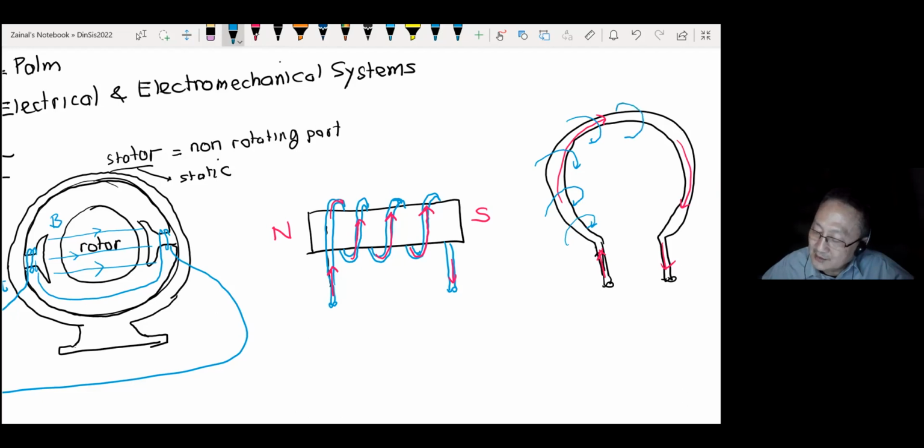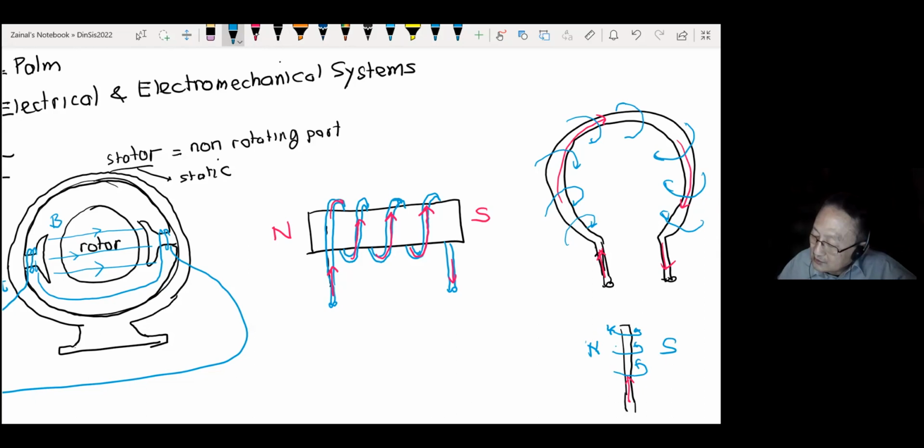So the top will become south, because as you see this one, if you see this one from the back, from side view, something like this one, because this one moves something like this one, the current, the magnetic flux, something like this one.